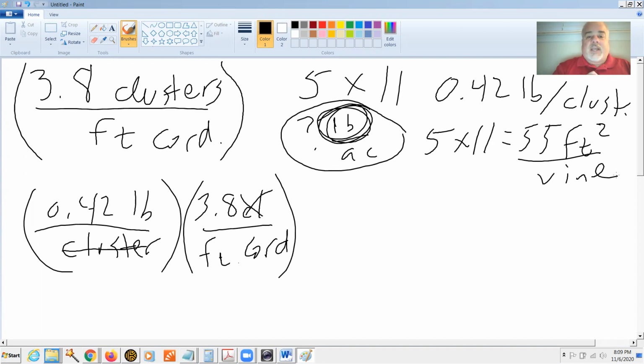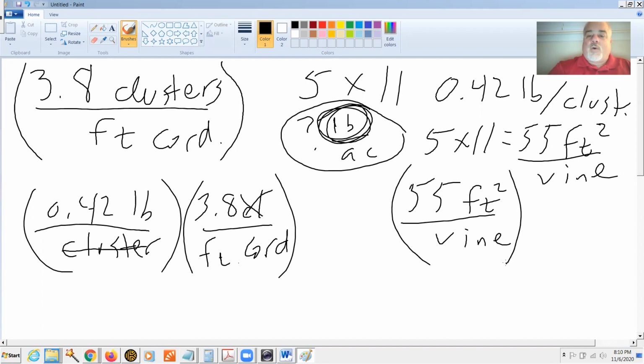What do I really need? I need something with feet of cordon. Can I get to feet of cordon with this number? Absolutely. If I know I have 55 square feet per vine, and I know, oops, sorry, I jumped the gun there.